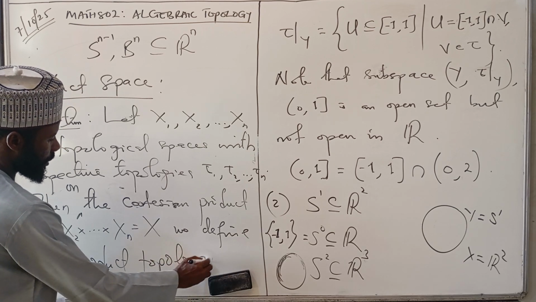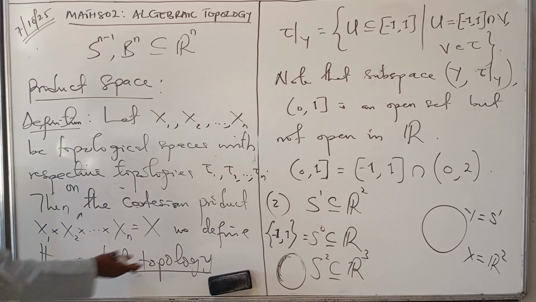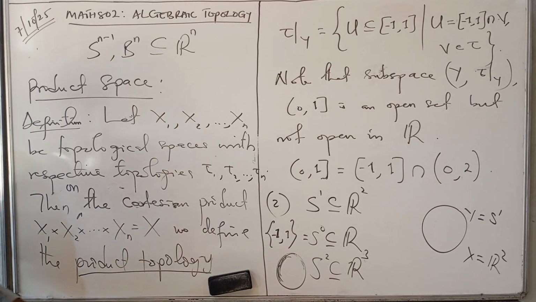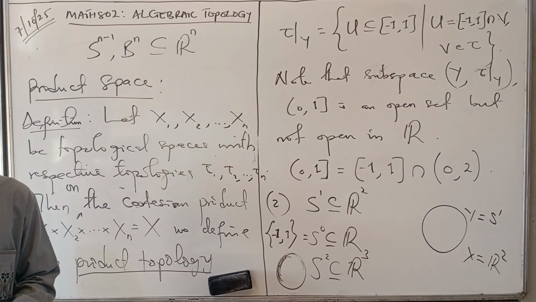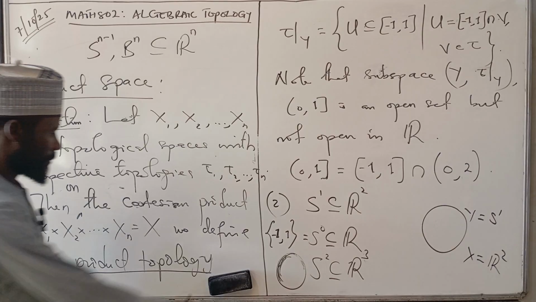And this product topology, being a topology on the Cartesian product, will make the Cartesian product of any two spaces to be a topological space. Okay?